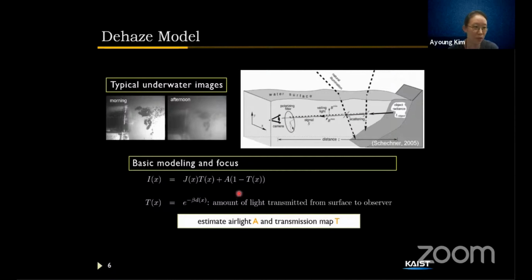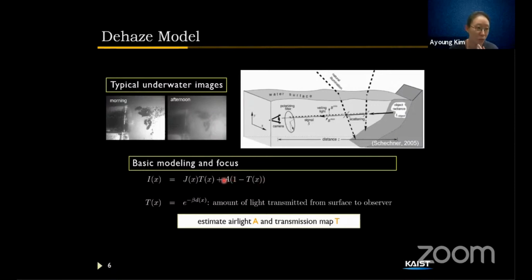If I write this down as an equation, the clear image is J, and the image we obtain is I, which equals the weighted sum of the clear image and the ambient light. If the target object is very close, then we will have J directly. But as the target object is far away, there are more components coming from the ambient light, making this image turbid.